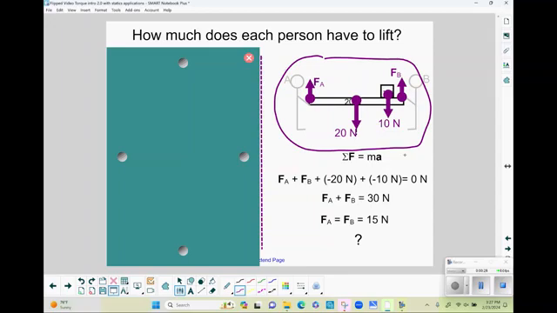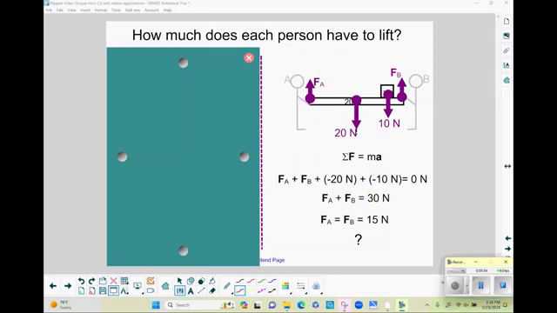So using Newton's second law, net force equals ma, I can easily see that force of A plus the force of B must equal in the end the 30 Newton force which is going down. That's the combination of the negative 20 and negative 10 Newton forces that are acting on the rod.